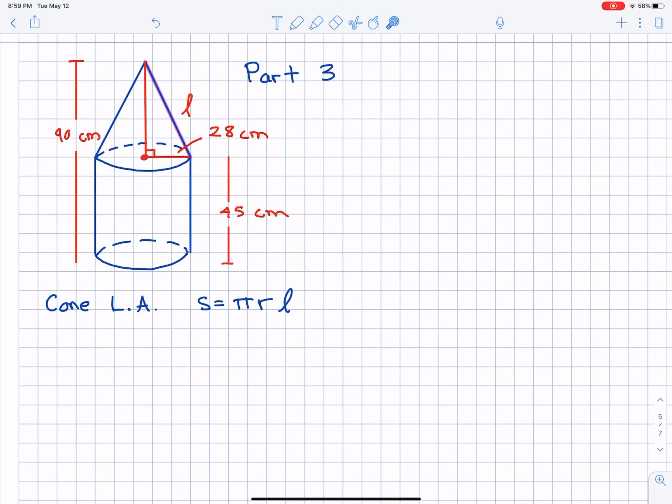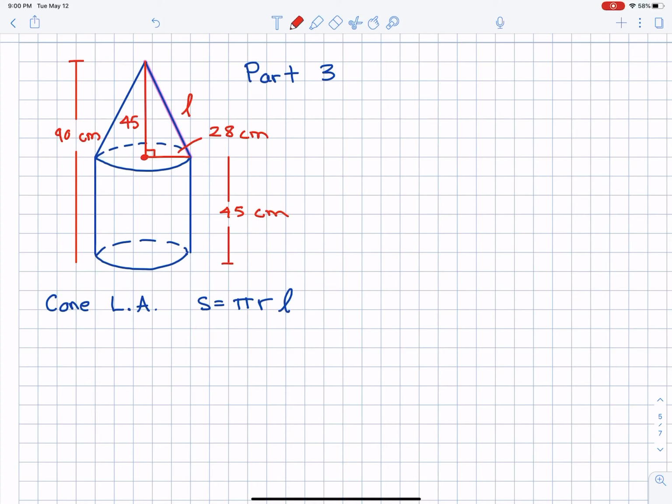We also know that if the total height from top to bottom is 90 and the height of the cylinder is 45, then this height right here has to be 45 also, 45 centimeters. Okay? So that's good. So let's go find that slant height by using Pythagorean's theorem.